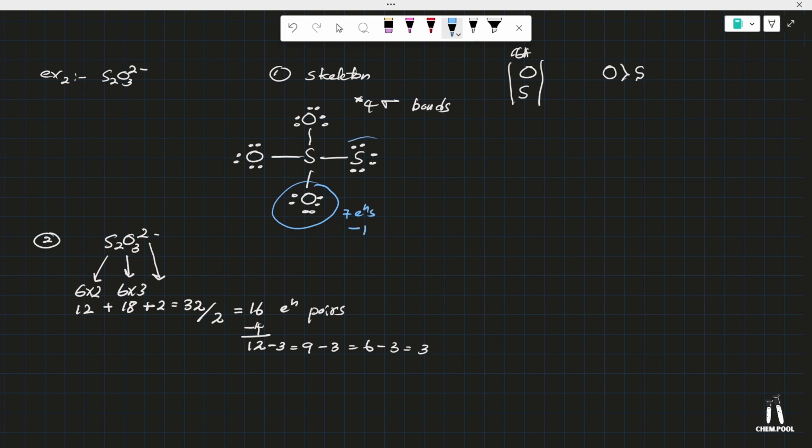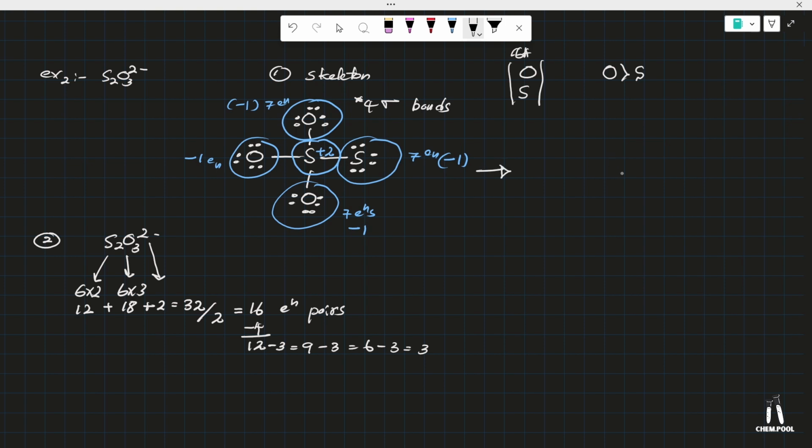Here also 7 electrons, negative 1 charge. Here also 7 electrons, negative 1 charge. Here 7 electrons means negative 1 charge, and here the sulfur, the middle central atom, has only 1, 2, 3, 4, that means 2 plus, needs to get 6 electrons.